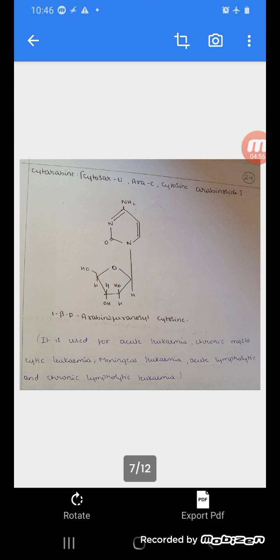Coming to citarabine, it is used for acute leukemia, acute lymphocytic and chronic lymphocytic leukemia, meningeal leukemia, and chronic myelocytic leukemia.